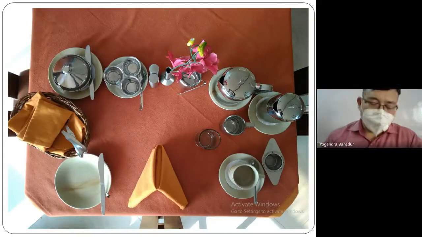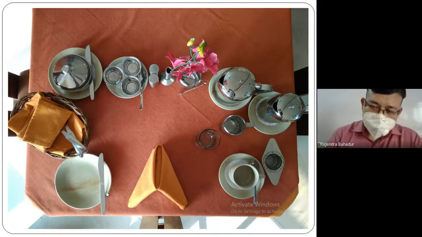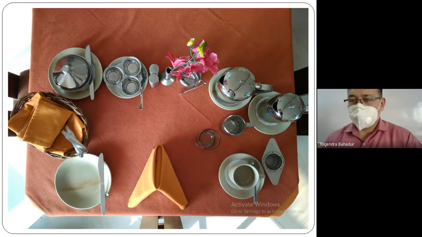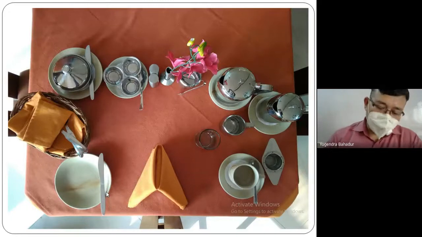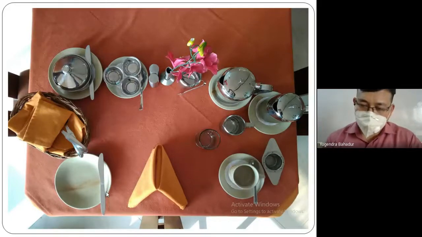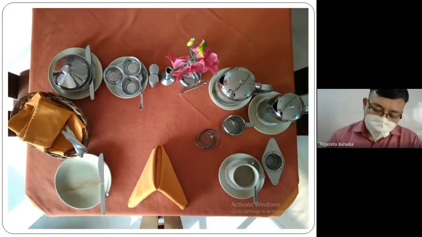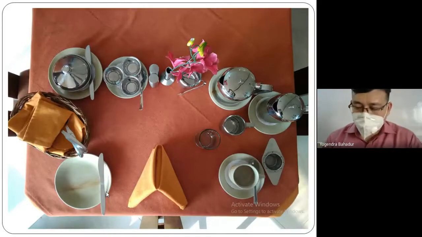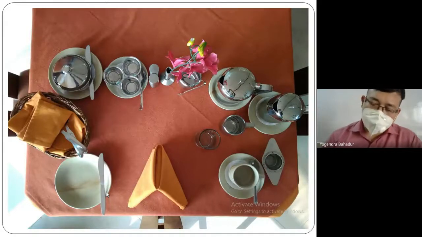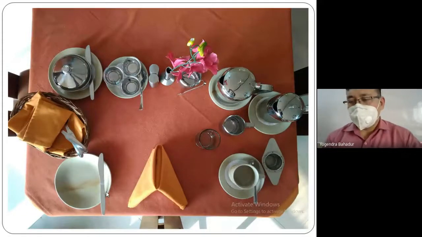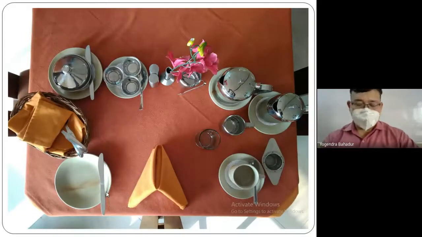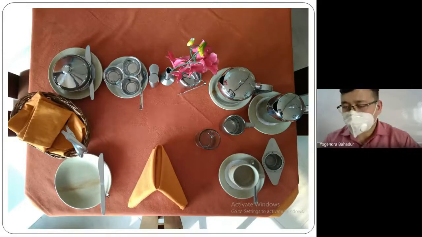Third, we have removed the dessert spoon and dessert fork. So there are three things that we have removed. The rest of the things will remain the same.